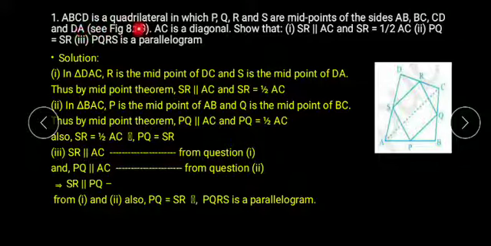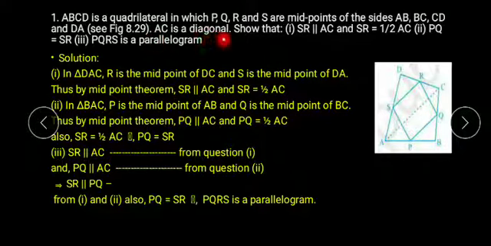You can see in the figure here A, B, C, D. So P is the midpoint of AB, Q is the midpoint of BC, R is the midpoint of CD, and S is the midpoint of AD.